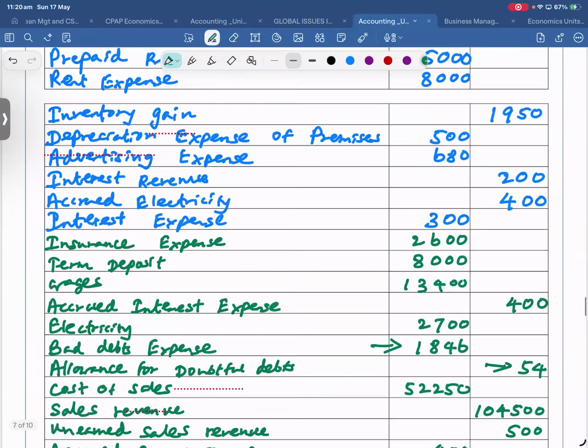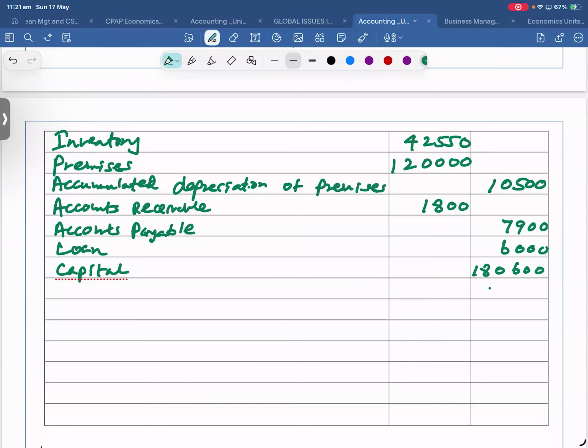Yep. Now it's a matter of adding all of them.